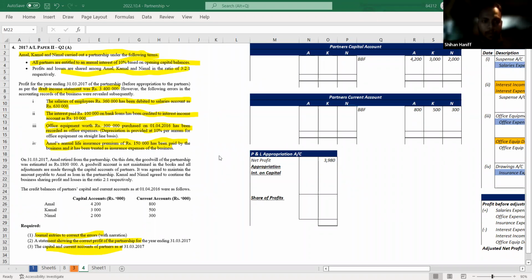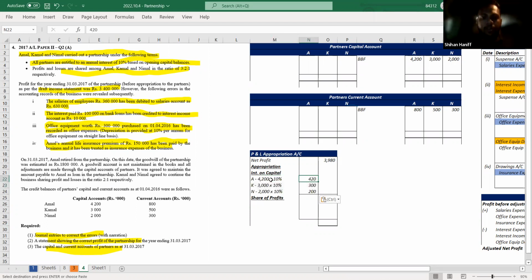Amal, Kamal, Nimal: 10% from their capital balance. $4,200 into 10% is 420. Kamal 3,000 into 10% is 300. Nimal 2,000 into 10% is 200.